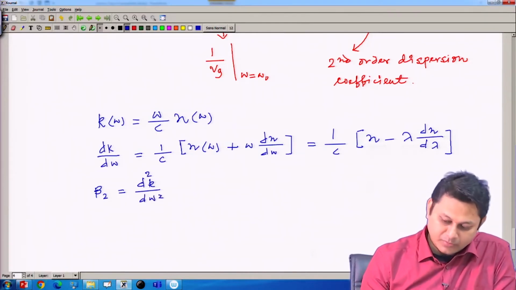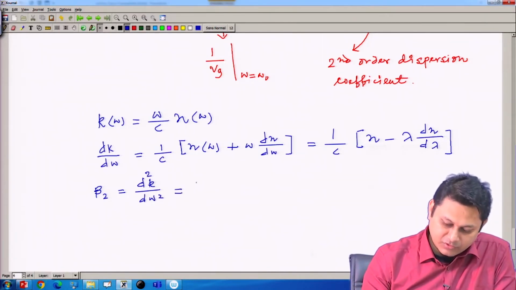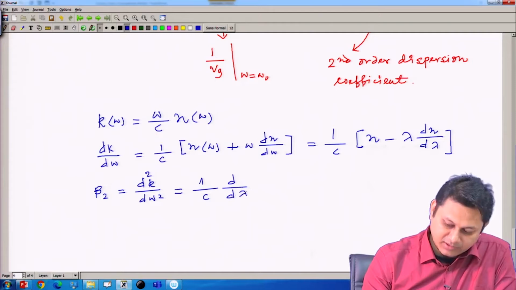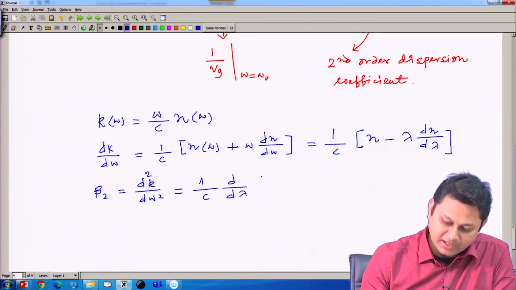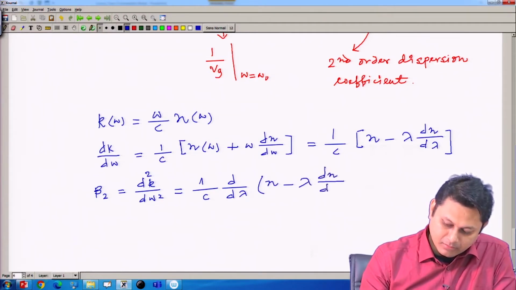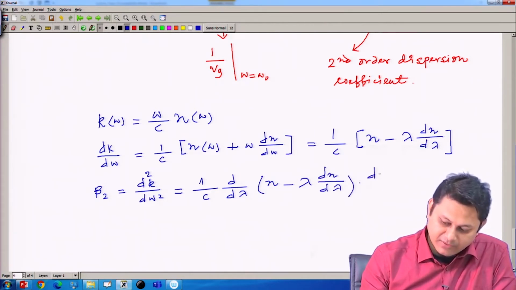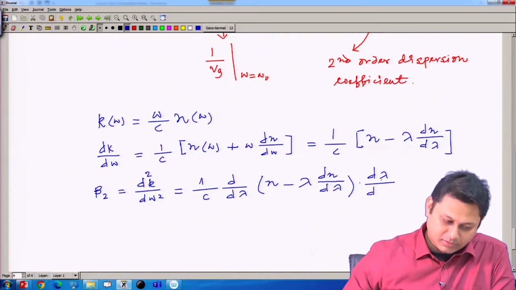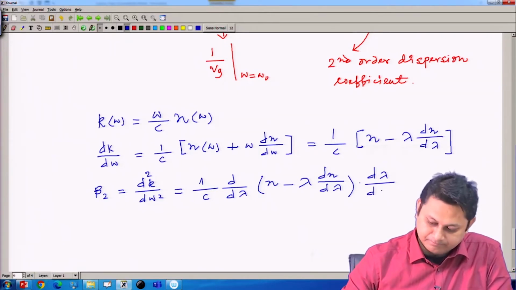From this side, it should be 1 by c d of d lambda, because this is a function of lambda, so eventually I want to differentiate with respect to lambda, and using the chain rule I have d lambda d omega.